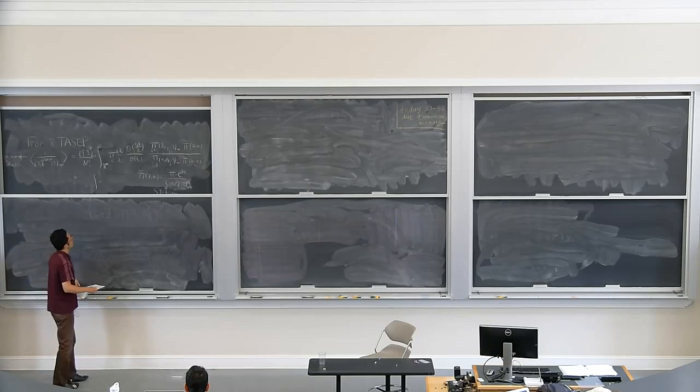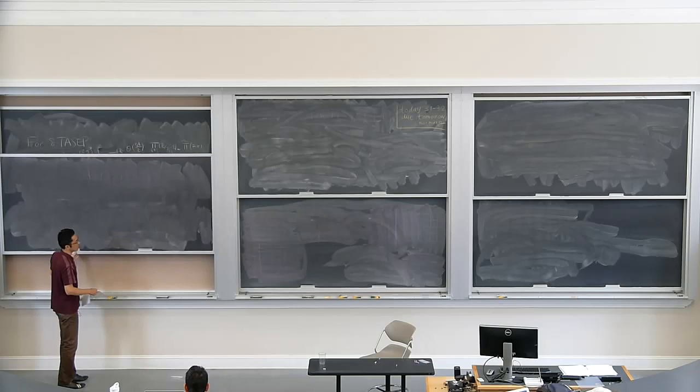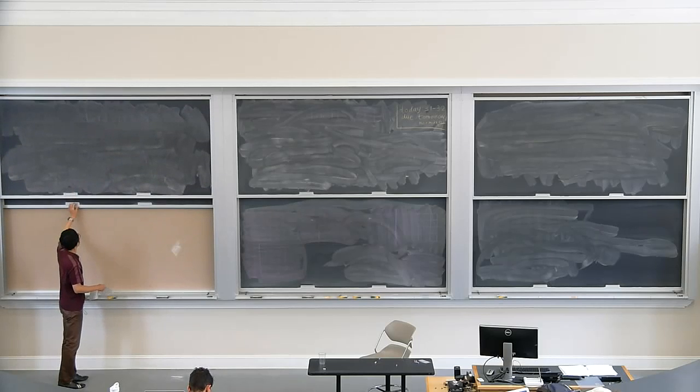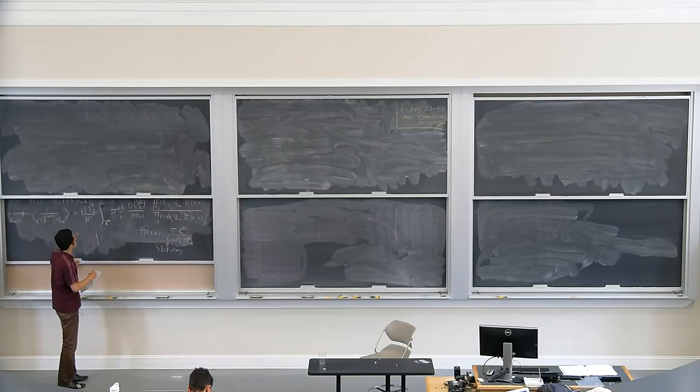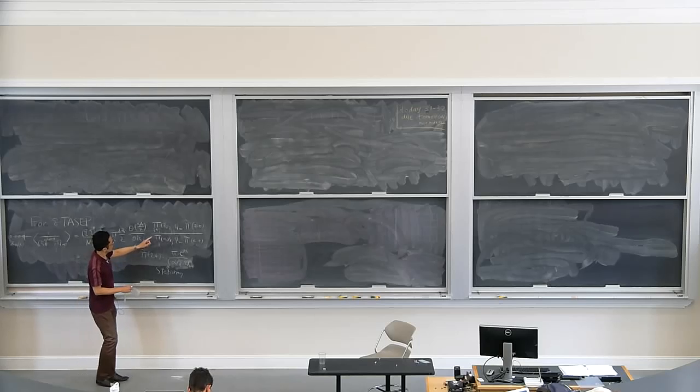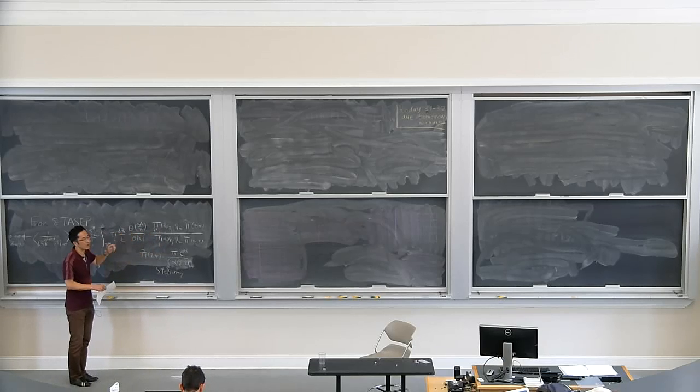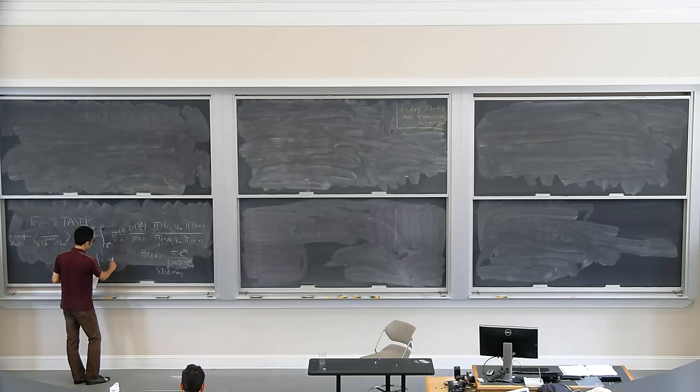What I told you yesterday was that even though this looks pretty complicated, one can apply the Cauchy determinant identity, in particular the version for theta function. Then we can rewrite this as a multiple integral of a product of two determinants.